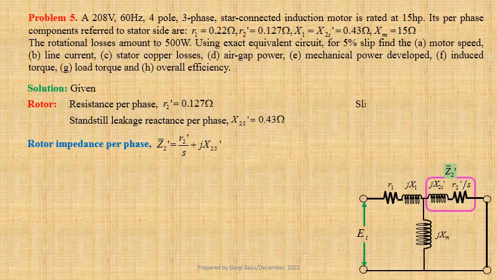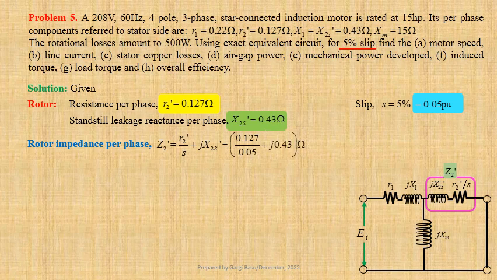Given slip S equals 5%, that is equal to 0.05 per unit. Therefore, Z2 dash equals 0.127 by 0.05 plus j times 0.43 ohm, that is equal to 2.54 plus j times 0.43 ohm.